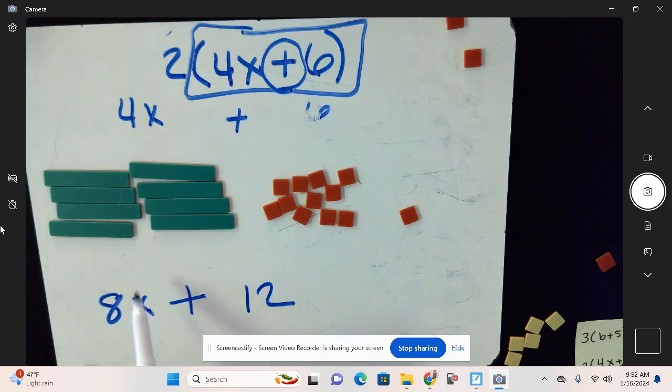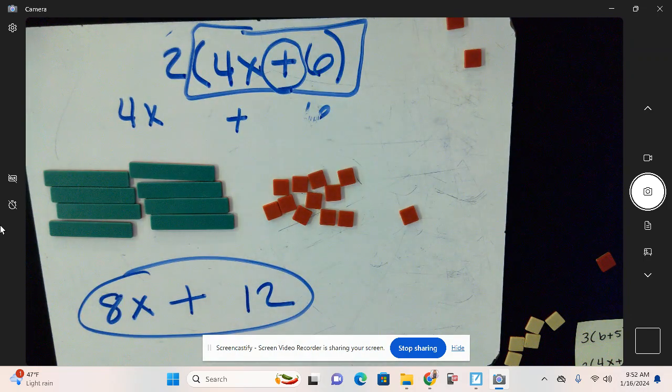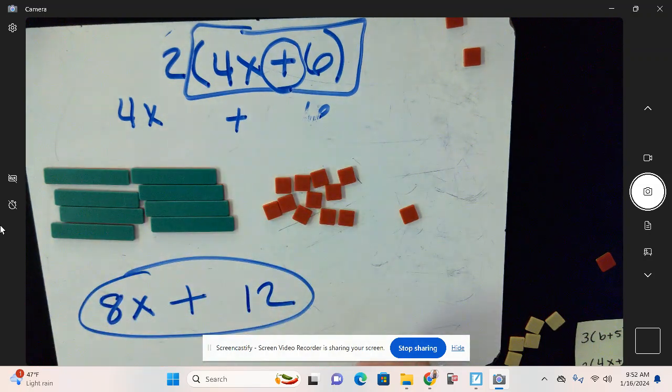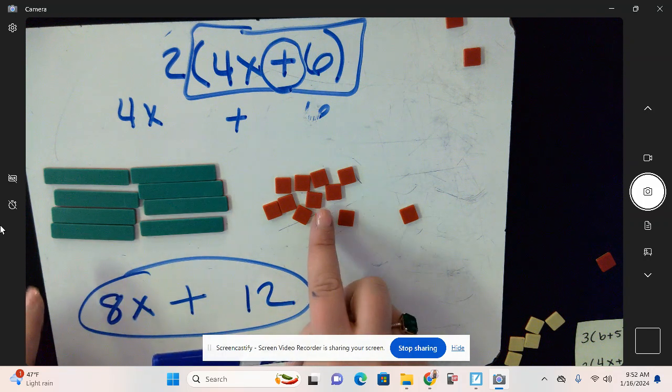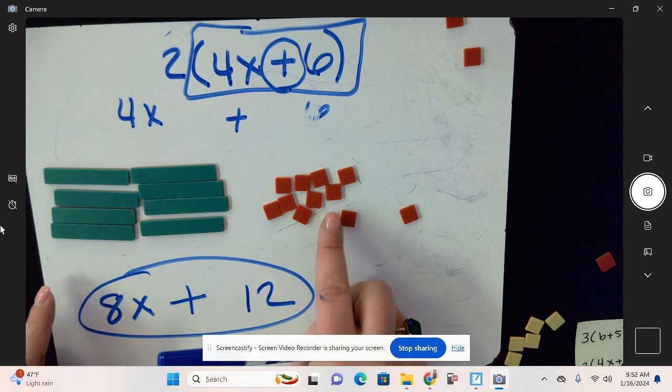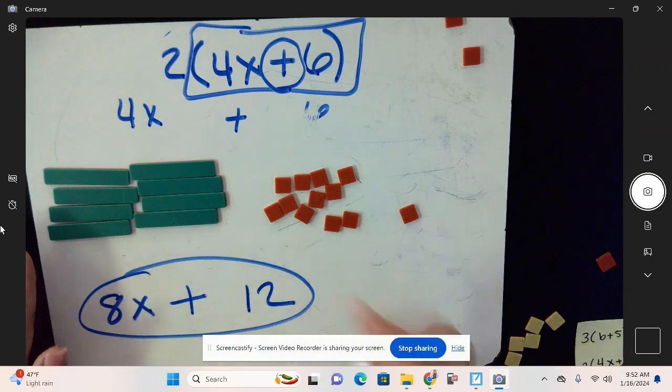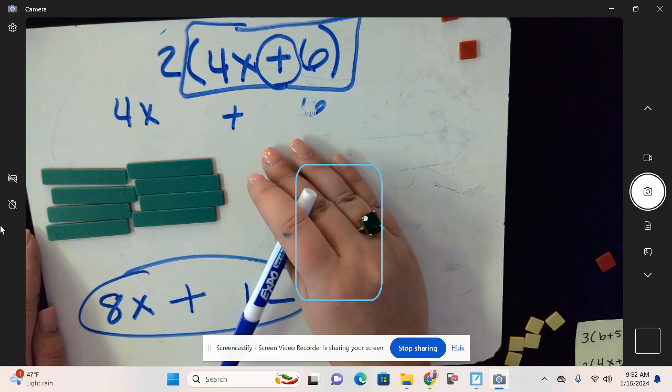Plus. So 8x plus 12 is my answer. It can't go any further. Can we put those together? No, they're 2 different things. These are rods and these are tiny ones, right? Are these the same thing? So can they go together? No. Only the same things can go together.